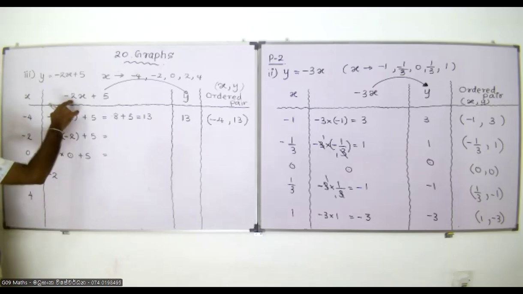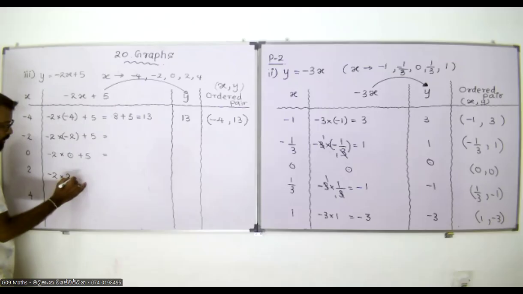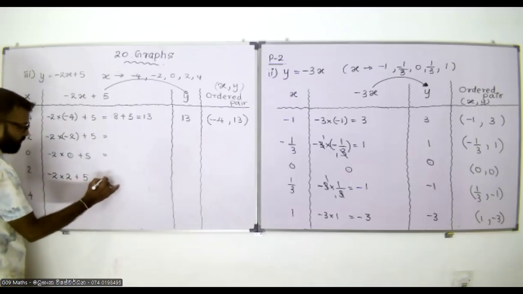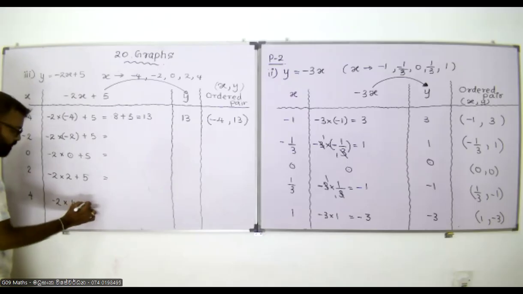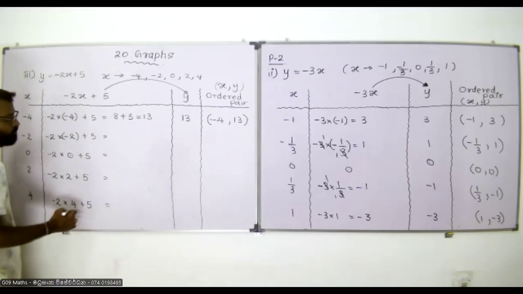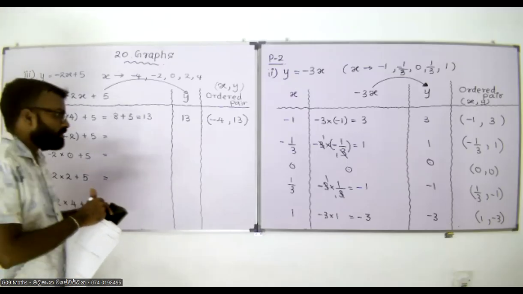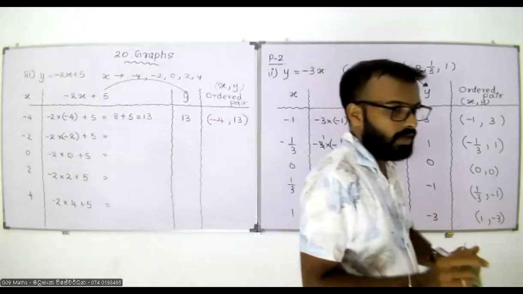Negative 2 multiplied by x, the x value is positive 2, add 5. Negative 2 multiplied by positive 4 and 5. Do it fast and write down the pairs. I'll give you 1 minute.